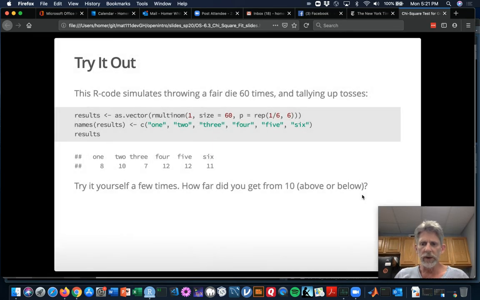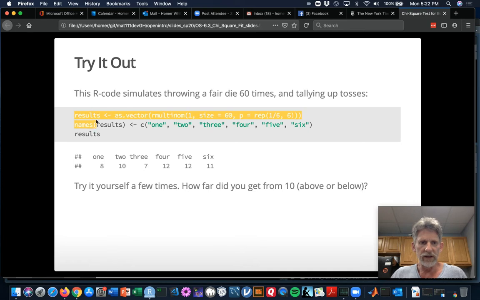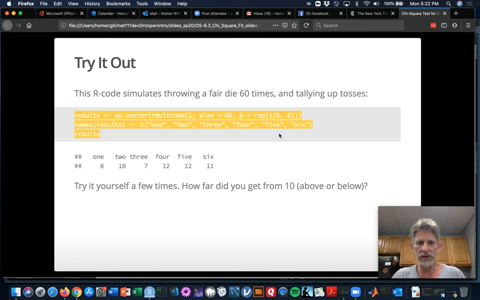So we could try a little R code to simulate this for ourselves. You don't have to be able to write this code yourself, but what this does basically is it simulates throwing a fair die 60 times and tallying up the results.